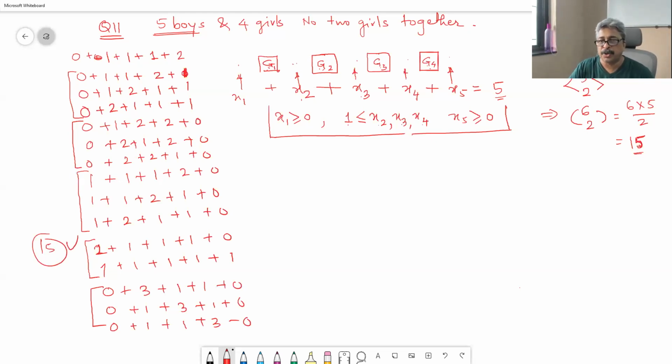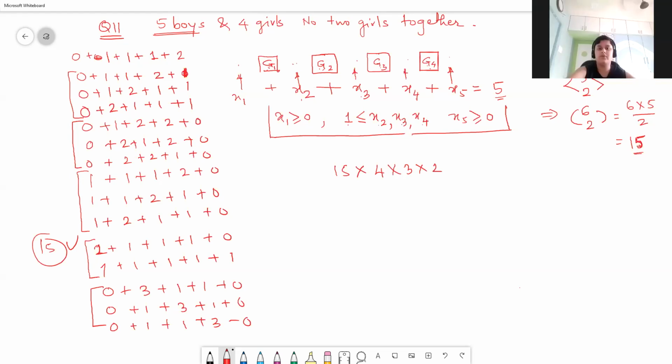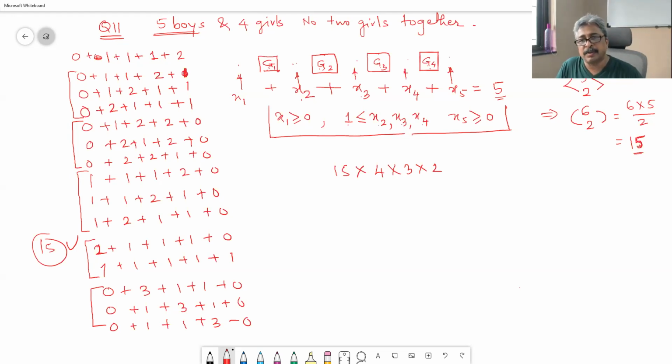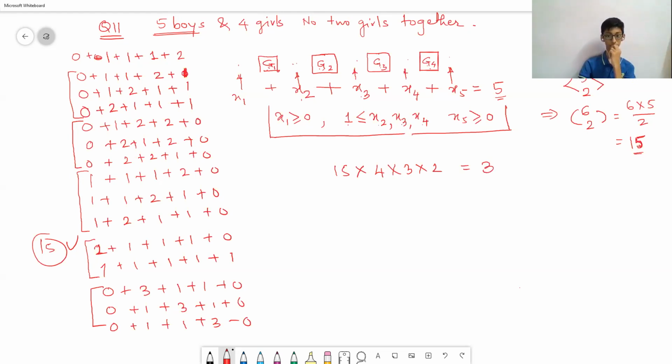Now girls can permute amongst themselves in 4 factorial ways. So 15 into 4 factorial, which is 4 into 3 into 2. How much is this? 24. So 15 into 24 is equal to 360.